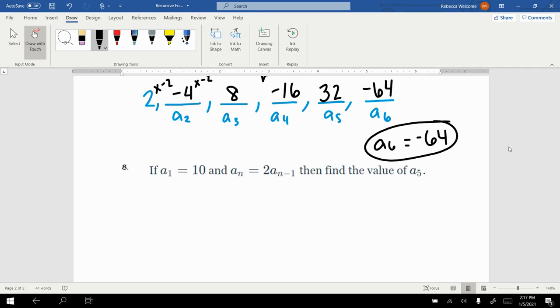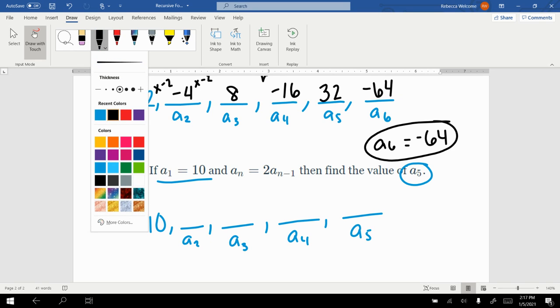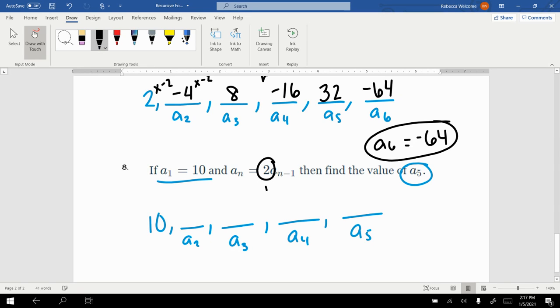Okay, so last example here. A sub 1 is 10, and I want to find a sub 5. For this one, my ratio is positive 2.